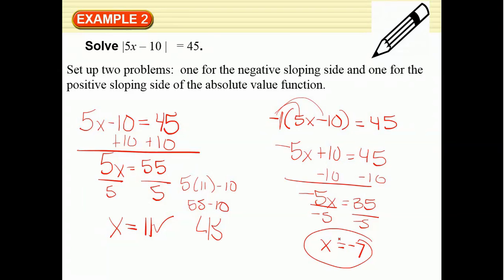Let's plug in that -7 and see if it works. I'll get 5 times -7 minus 10, that's -35 minus 10, which is -45. Absolute value, though, because this is in the absolute value bars, so that's just 45. 45 equals 45, so this one checks out.